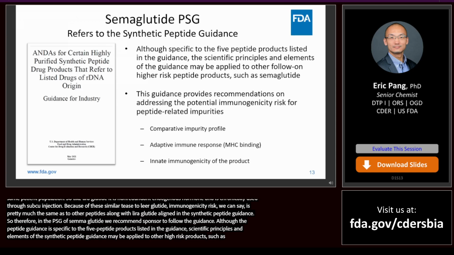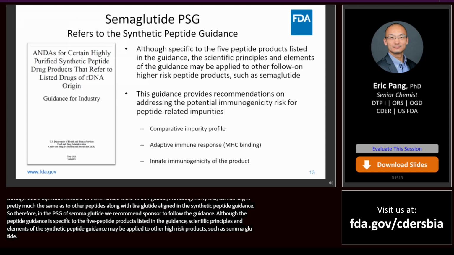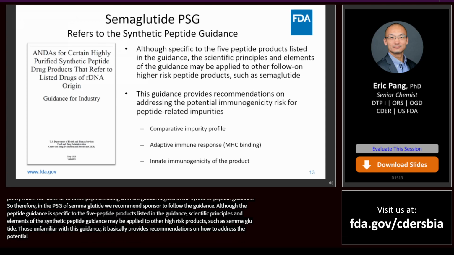For those unfamiliar with this guidance, it basically provides recommendations on how to address the potential immunogenicity risk for peptide-related impurities. It is specified for 5 high-risk products, including liraglutide, teriparatide, nafarelin, and glucagon.